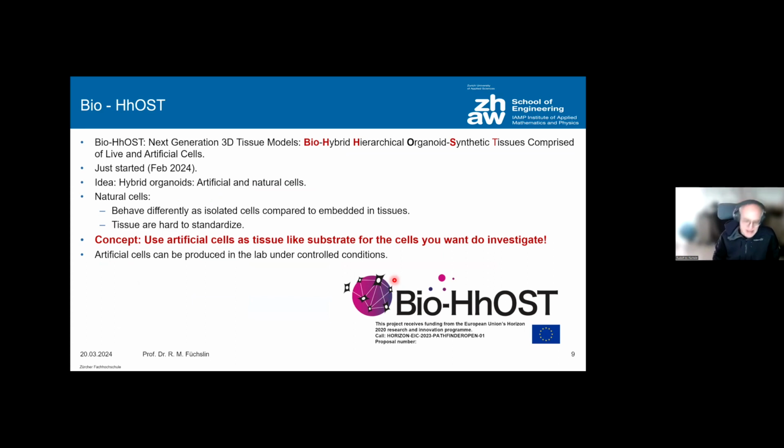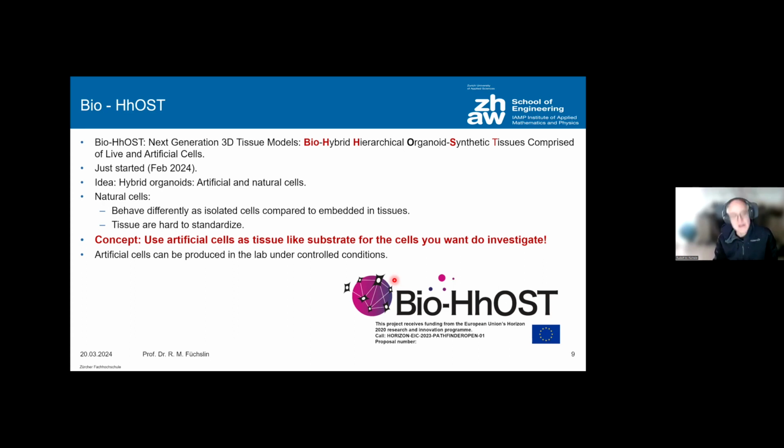The basic idea is that we want to build up a platform for the analysis of the behavior of biological cells, for example tumor cells. And if you do that, you always have the problem: you can study tumor cells in isolation, but unfortunately, isolated cells behave quite differently from cells that are embedded into a tissue environment.